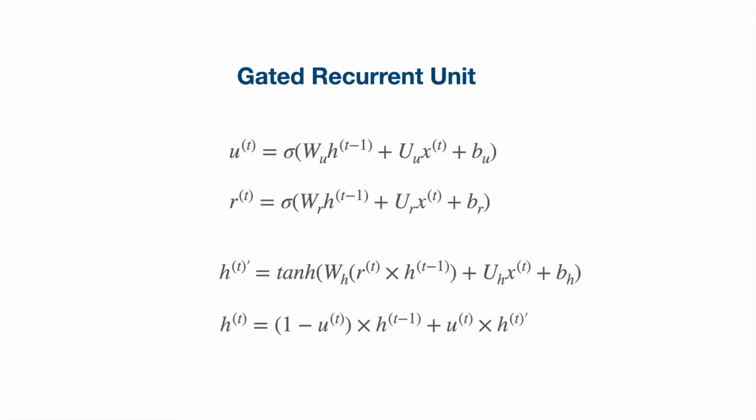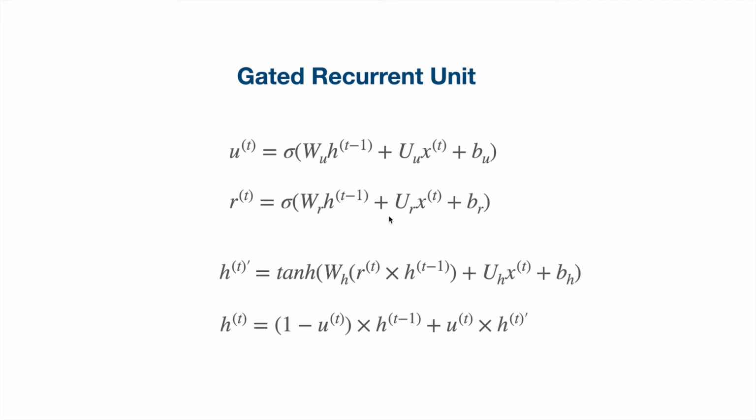GRU, also known as Gated Recurrent Units, is mainly composed of these 4 operations. There is update gate and reset gate, as opposed to LSTMs. There are only 2 gates here. Update gate takes care of what part of information from the previous hidden state to carry forward.